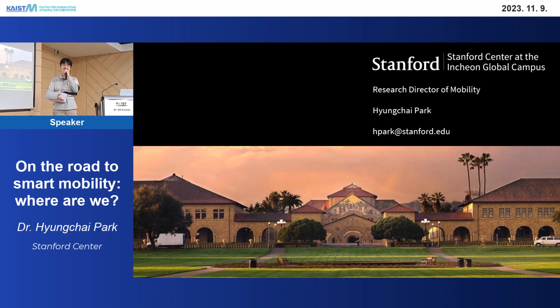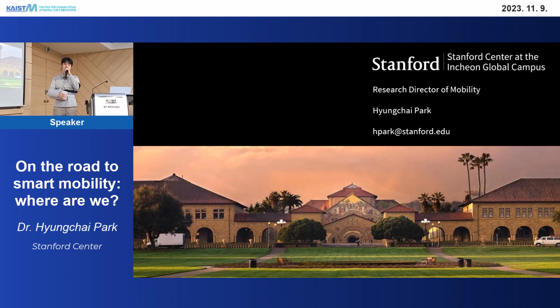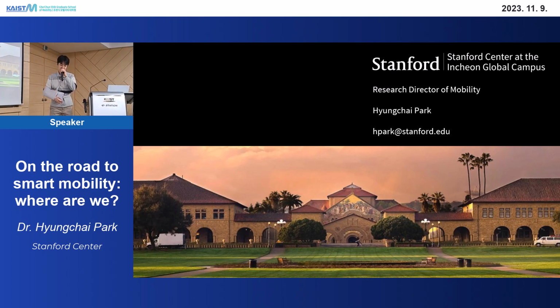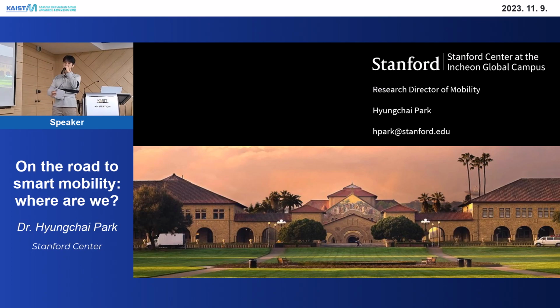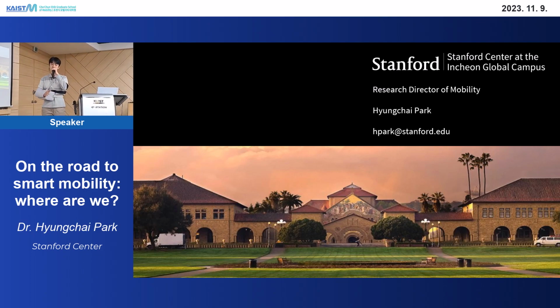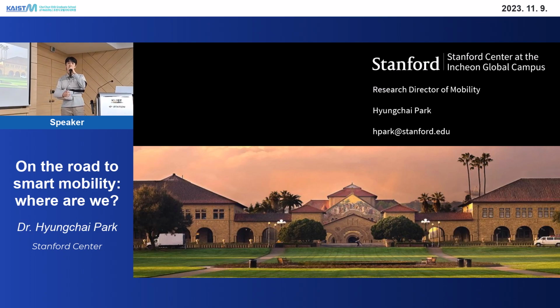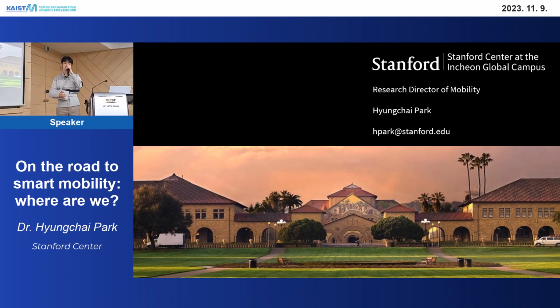Can I speak in Korean? Up to you. I think for radar sensor, Professor Kong knows much better than me. As I said, the traditional radar uses radio waves, which give very low resolution information about the object. But these days, the imaging radar or the 3D radar is newly developed, which might give a similar level of information as LiDAR.